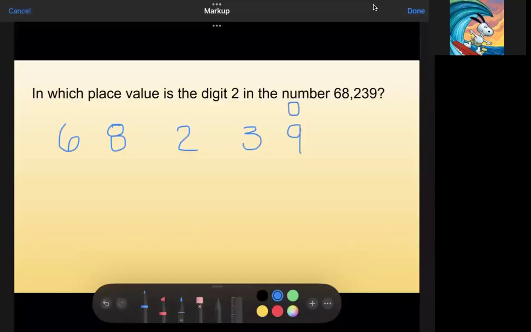So we can make those the ones, the tens, the hundreds, the thousands, and the 10,000s. I abbreviated the names of the place values just to make it easier to write. They're asking us about the 2. The 2 is right here, and after we label it, we can see that is the hundreds place. So the answer would be the hundreds place.